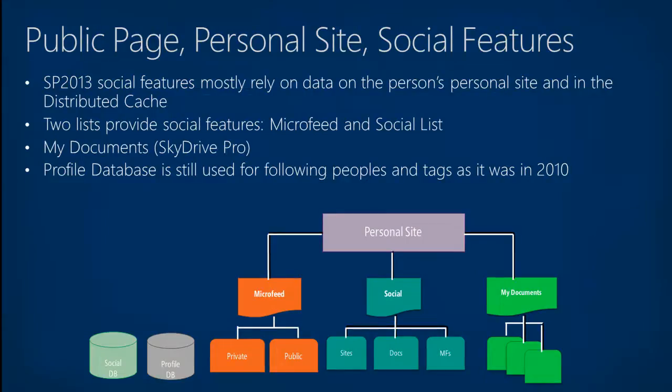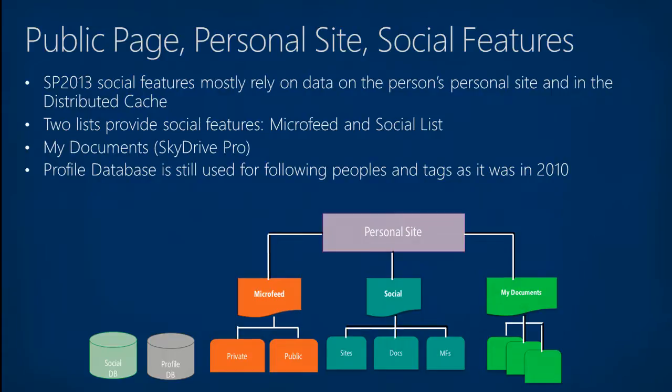It's also the storage location for things like the image for a My Site, and for a series of other types of property information as well. And then we have the social DB there containing some of the tagging information that we had from the past, specifically for following people and tags as it was in 2010.